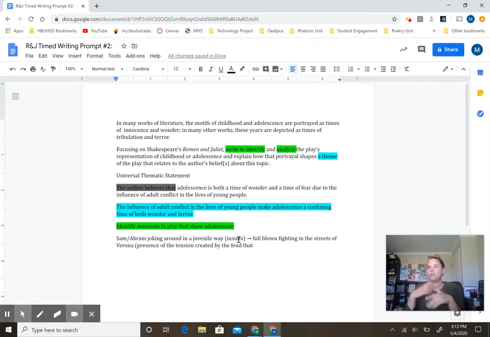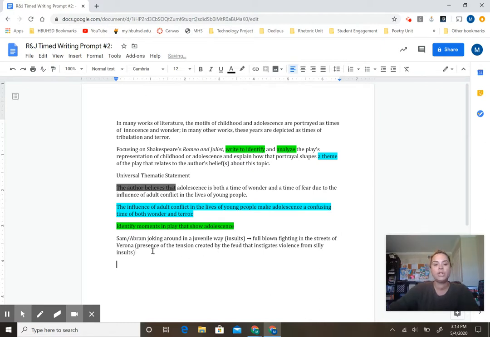It snowballs. The presence of tension created by the feud that instigates violence from silly insults. I hope I'm expressing that, literally, it was the idea of biting a thumb at each other that got us to this full blown fighting, and then Prince having to make the decree that if it happens again, people are going to be in really big trouble.